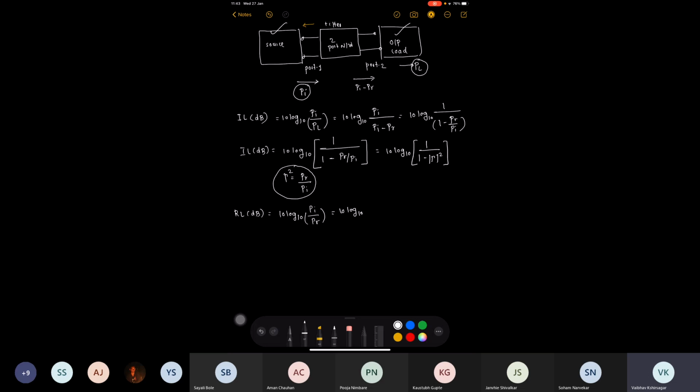If I divide the numerator and denominator by Pi, the same can be written as 10 log to the base 10. I will get 1 in the numerator, and in the denominator I will get PR upon Pi. But what is PR upon Pi? From the earlier equation, we know this is equal to gamma square. So this can be written as 10 log to the base 10 of bracket 1 upon mod of gamma square.